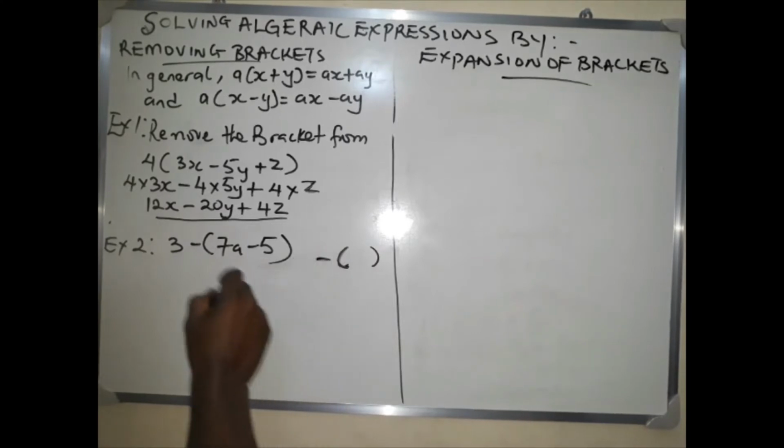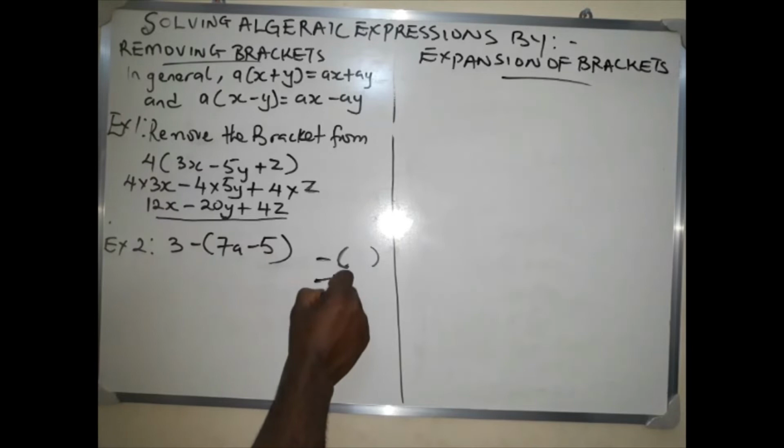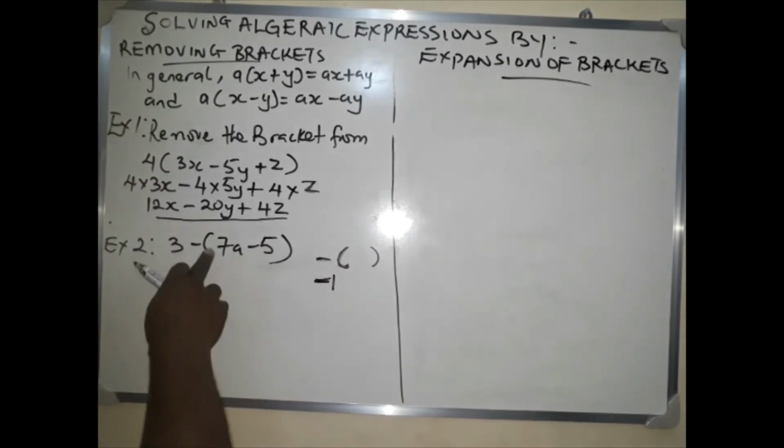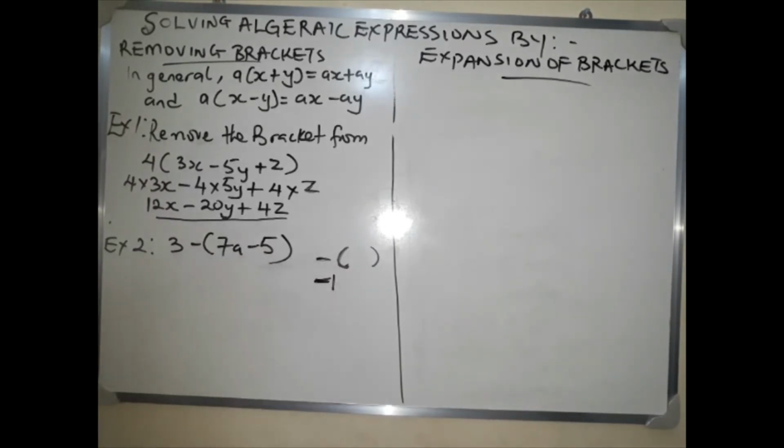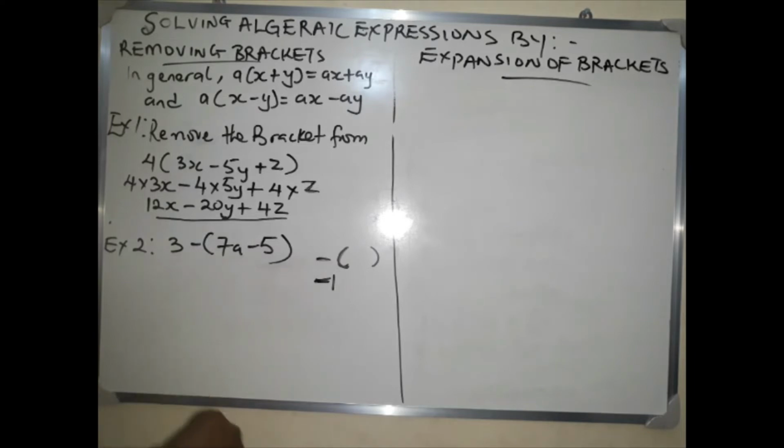This minus actually carries a number, and that number is minus 1, because if you multiply 1 with a value, it doesn't change the value at all. So this minus sign means that there's a number in front of the bracket, and that number is 1.